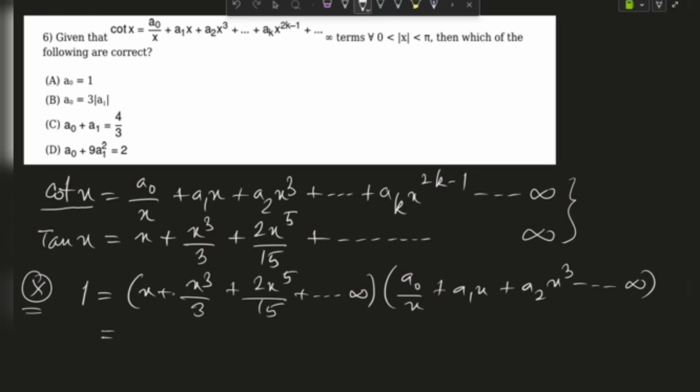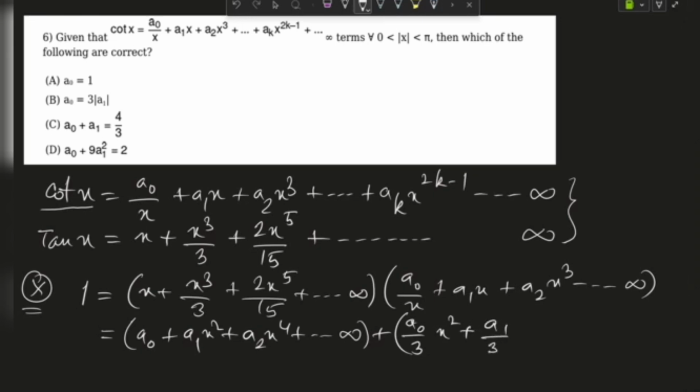So we will do the normal multiplication. We will try to multiply one by one the terms. If we multiply x, the first part comes out to be a0 plus a1x square plus a2x power 4, till infinity. Again, multiplying x cube by 3 will become a0 by 3 x square plus a1 by 3 x power 4, dot dot dot, till infinity.